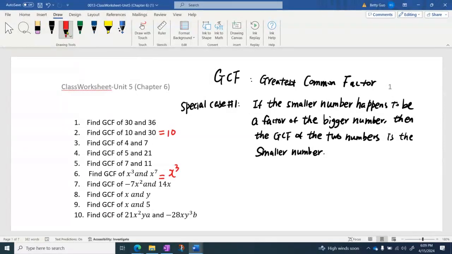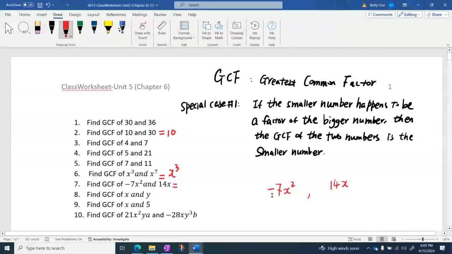Let's look at question number 7 right here. In this case, we have two monomials. One is negative 7x squared. The other is 14x. How do we find the GCF of those two monomials? The two monomials both have coefficients different from 1, and their variable parts have the same base x.